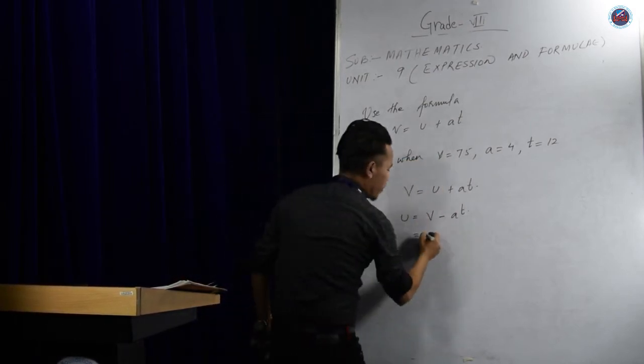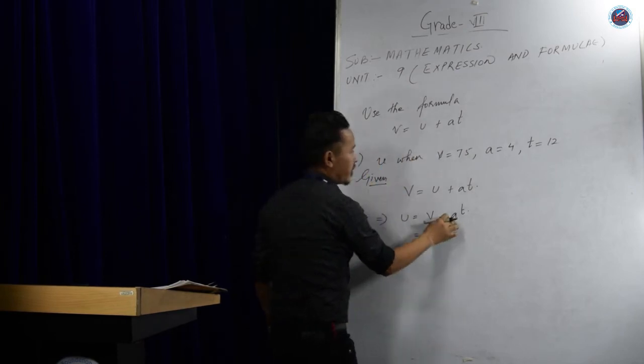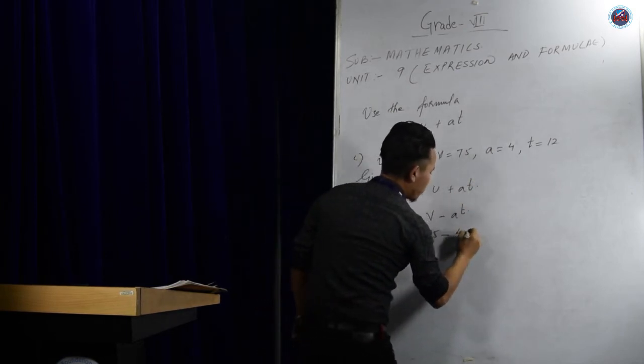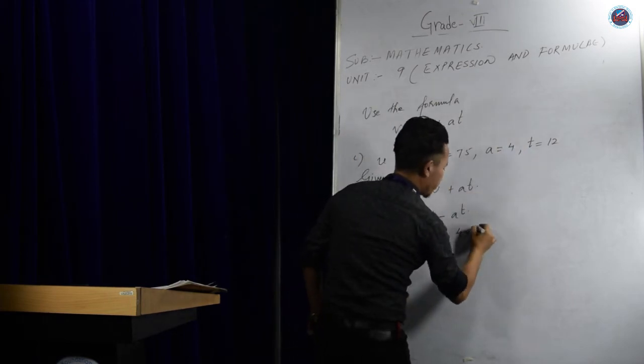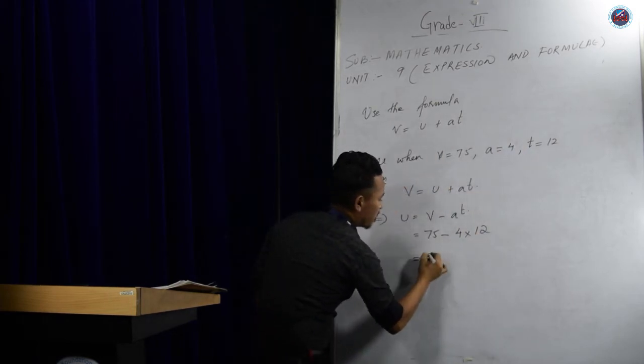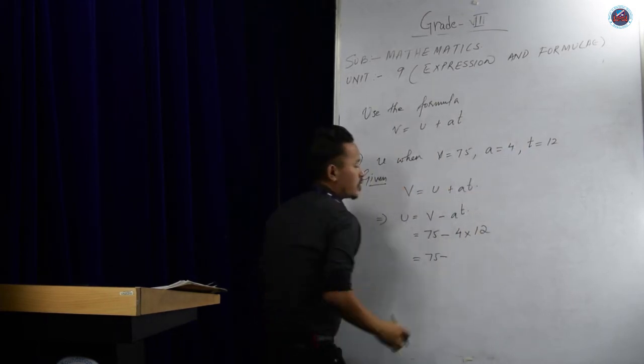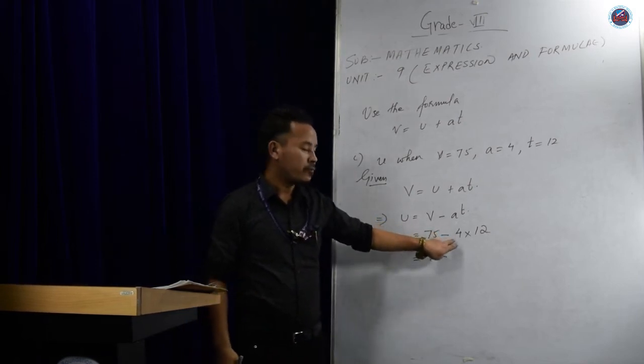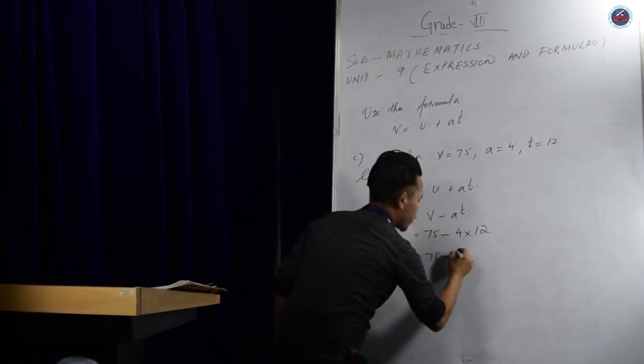Now we can substitute the values. The value of v is given as 75, minus the value of a, which is 4, into the value of t, which is 12. 4 times 12 gives us 48.